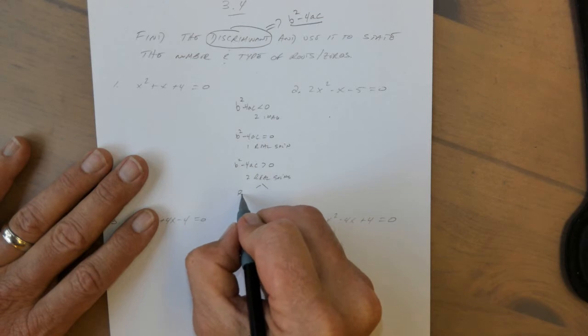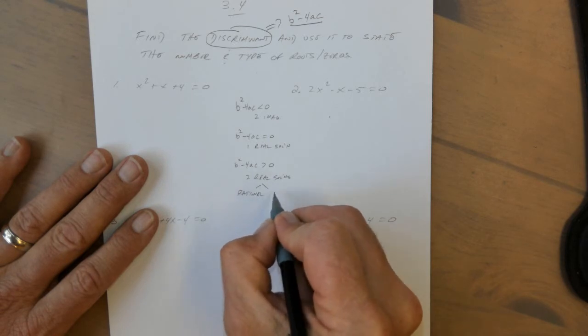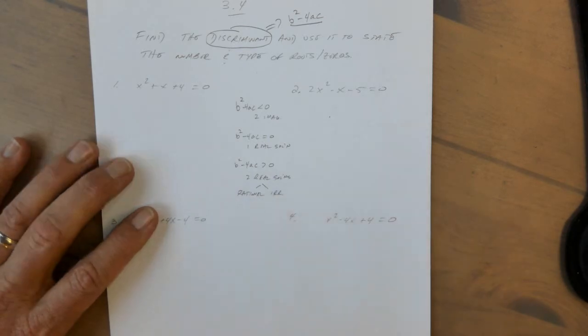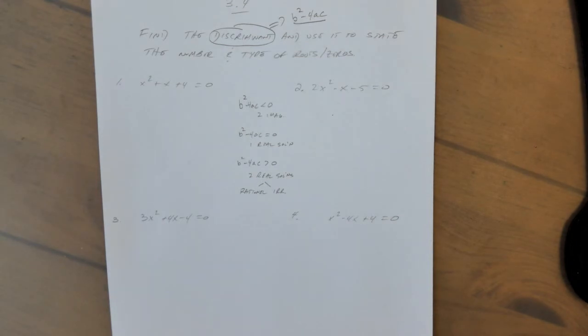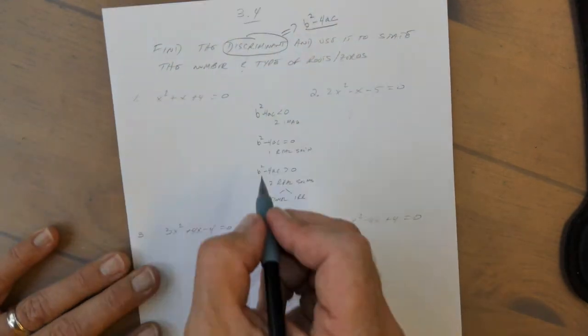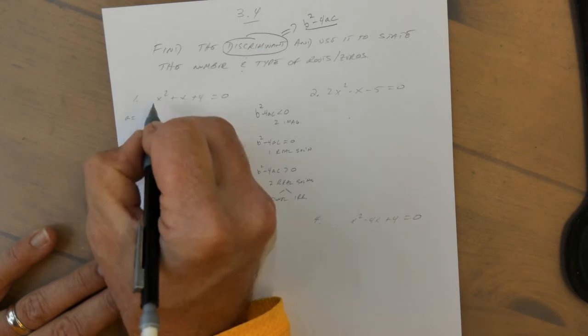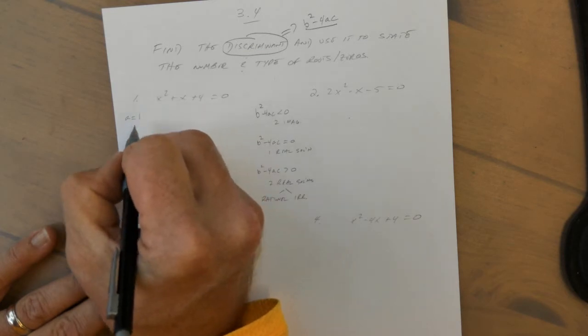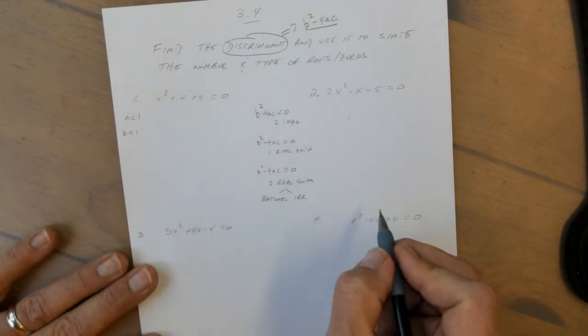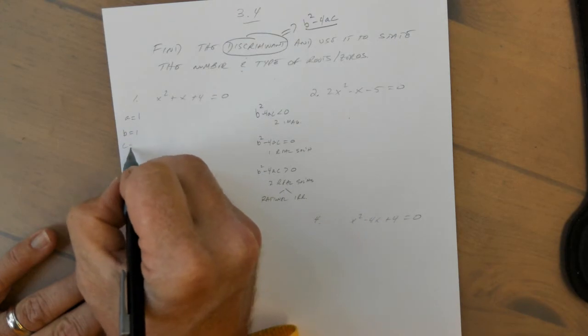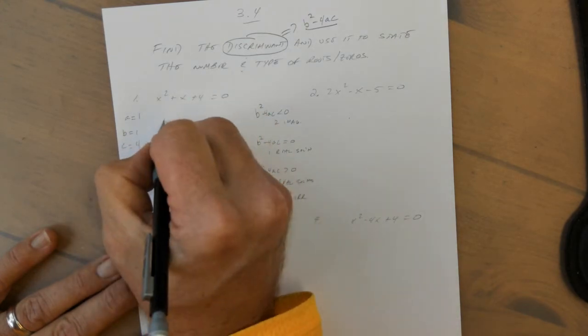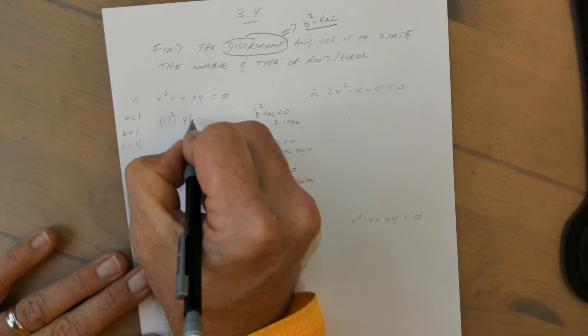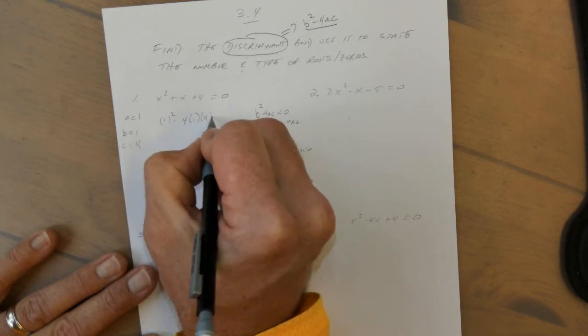And here they can either be rational or irrational, and you'll see some examples of both. Okay, so here, a is the coefficient of x squared, which is 1, b is 1, and c is 4. So b squared minus 4 times a times c.